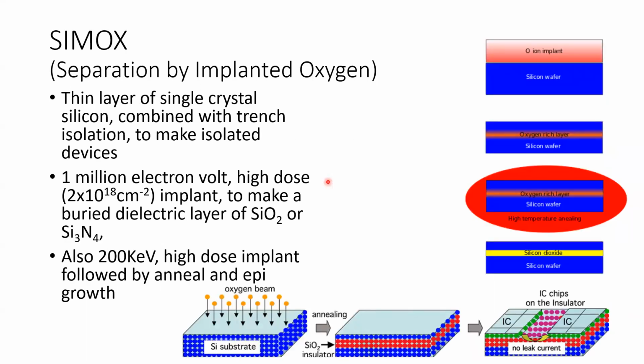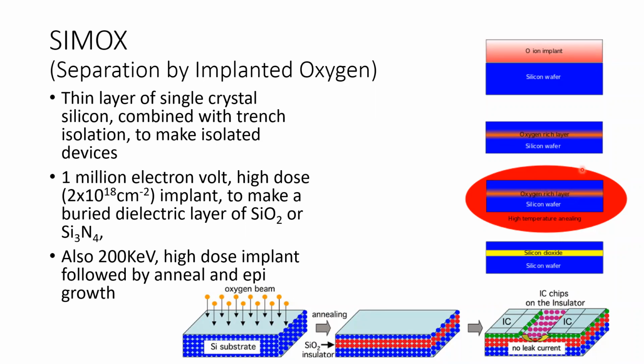And another one is SIMOX, separation by implanted oxygen. The basic process: we have a silicon wafer, and then we use ion implantation. This is very high energy, like 1 million electron volts, a high dose implant. So the ions are not implanted at the top surface, but somewhere below it.